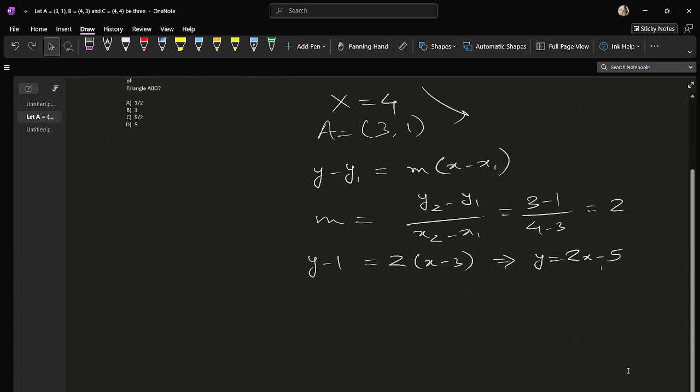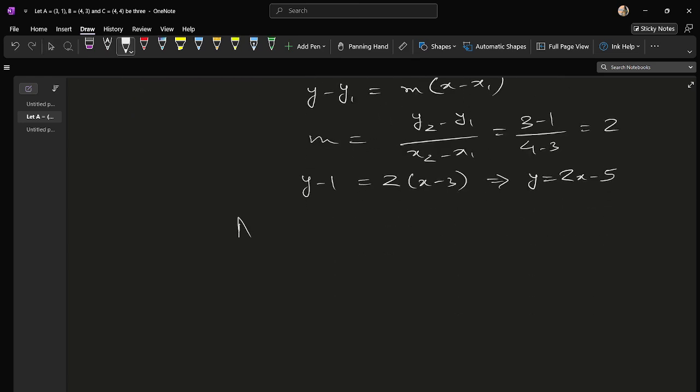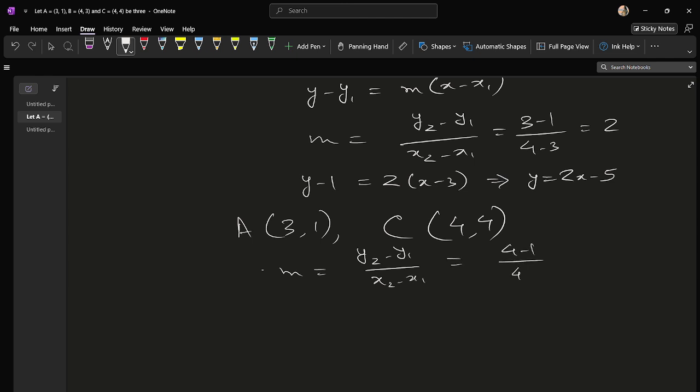Now we are going to look at AC. Our A is (3, 1) and our C is (4, 4). What will be the joining line? The slope m is (y2 minus y1) by (x2 minus x1), that is (4 minus 1) by (4 minus 3), so that will be 3.